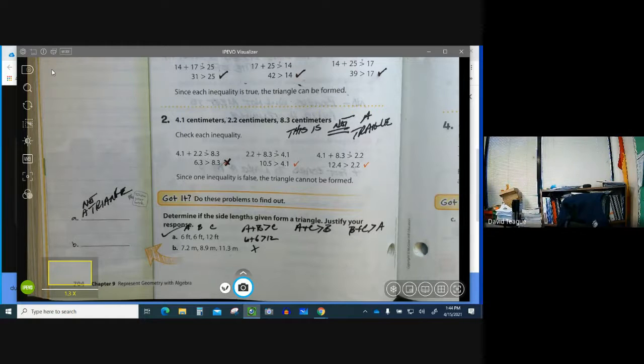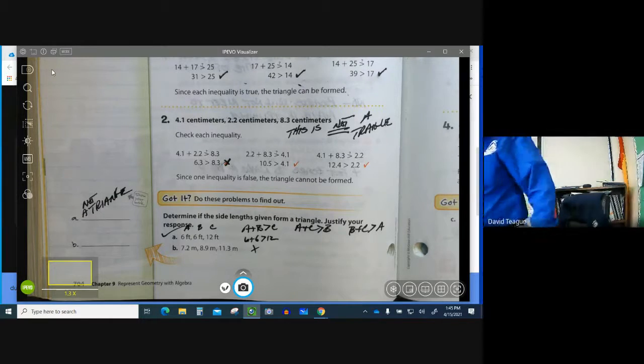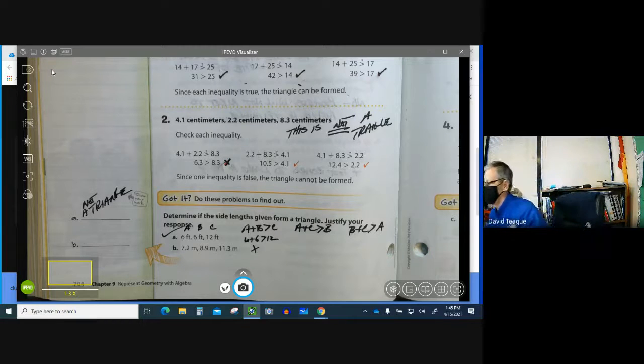You have to satisfy all three. Hey, Google, stop.